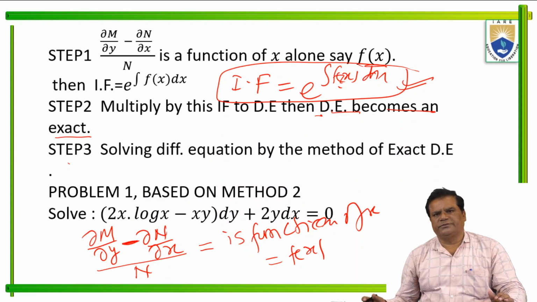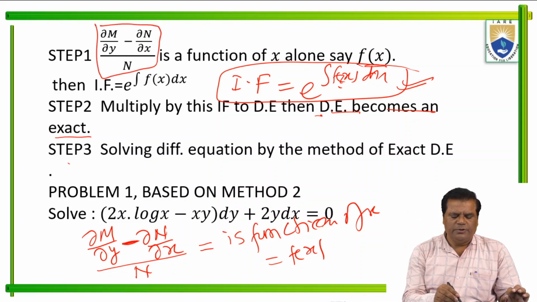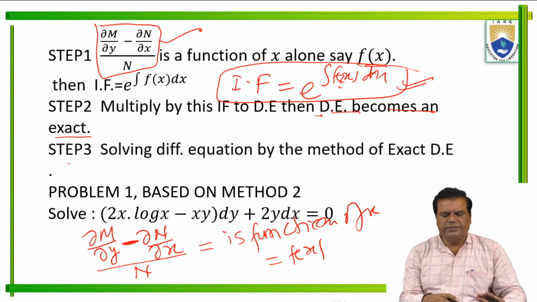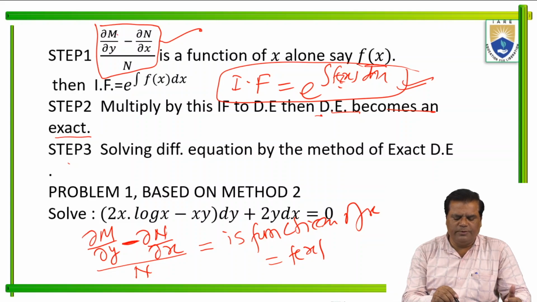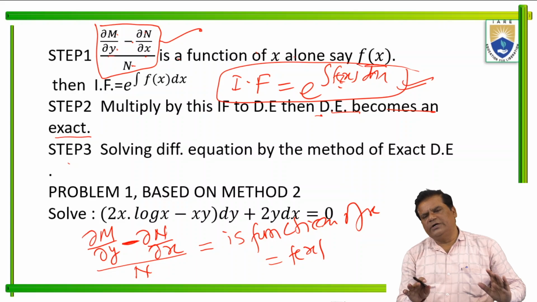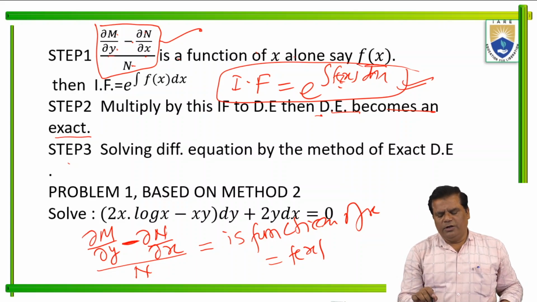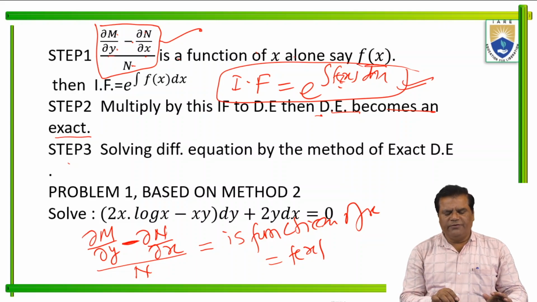So this is the process. In step 1, we apply this formula. We find some function of x: (del M over del y minus del N over del x) divided by capital N is a function of x alone, nothing of the other variable y, only a function of x, say f(x). Then the integrating factor equals e to the power integral f(x) dx.